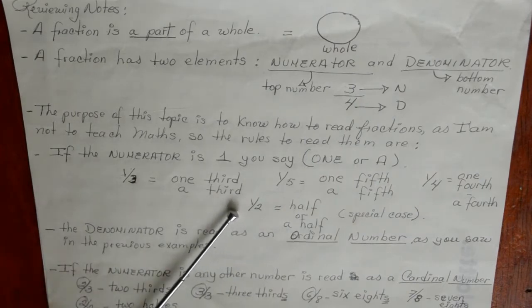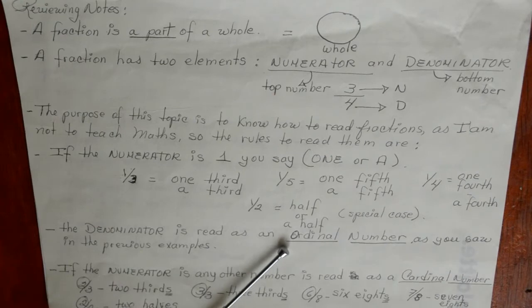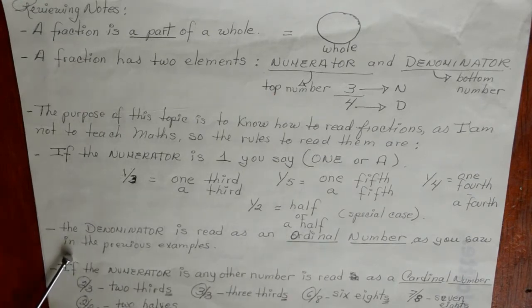And here the special case that we know is half, or a half. The denominator is read as an ordinal number, as you saw in the previous examples. Later on, we will check what the ordinal numbers are.